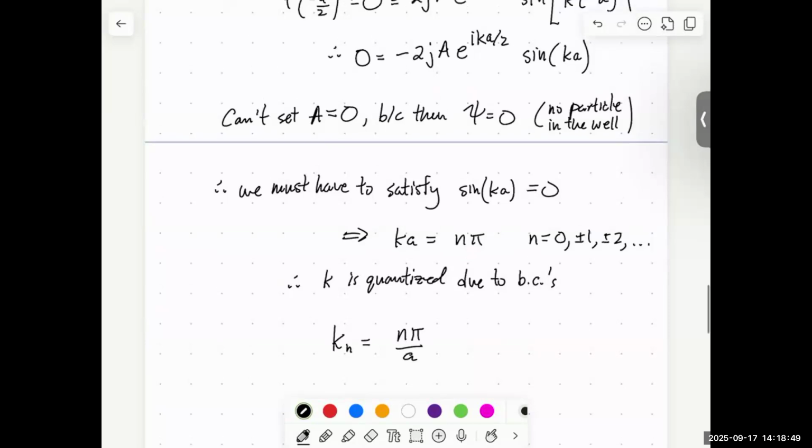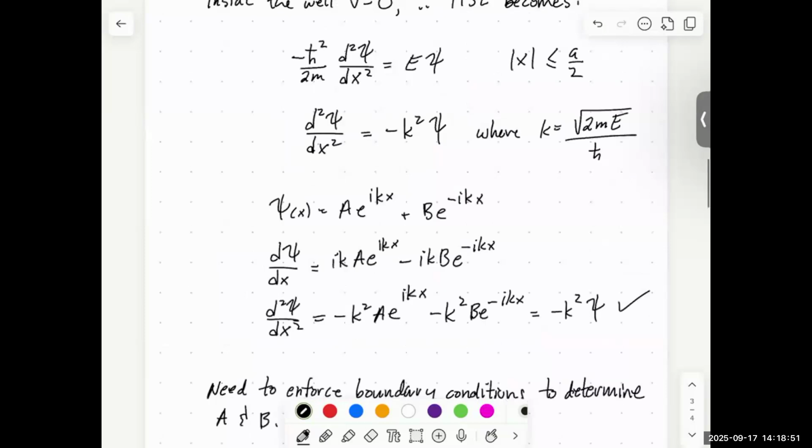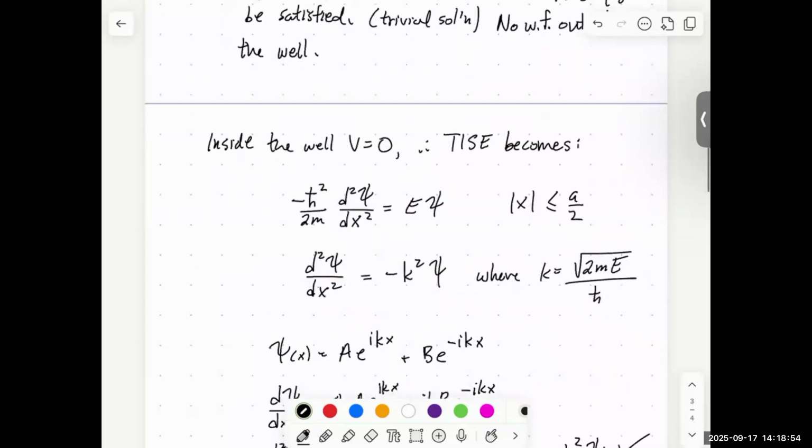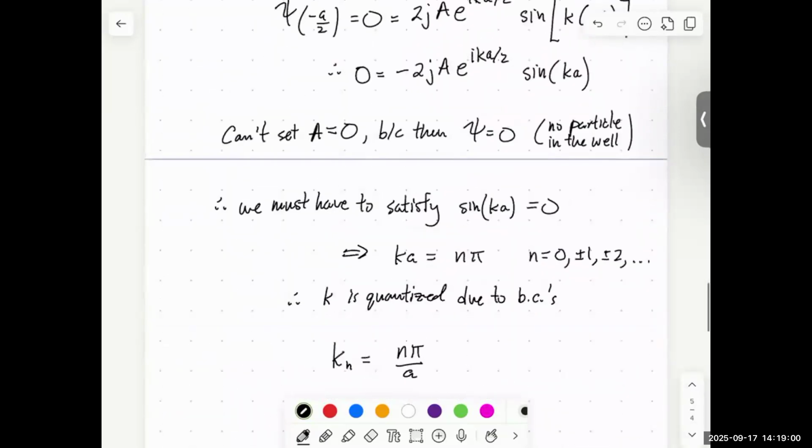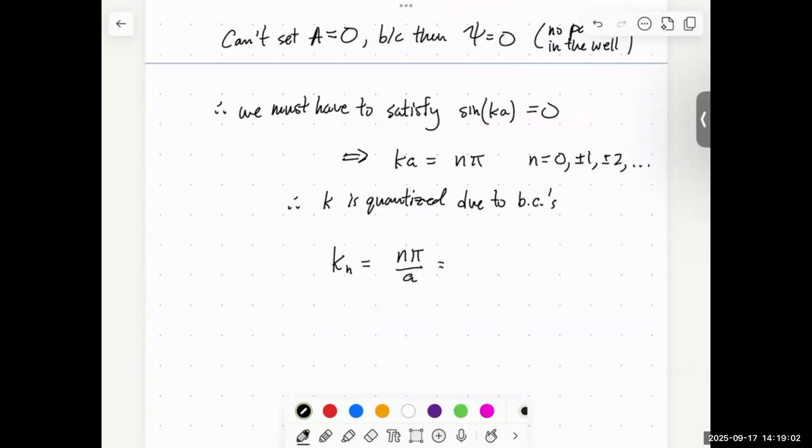Okay, let's go back and look at K. Here it is, root 2mE over h bar. So K was equal to root 2mE, and I'll put a subscript n on our E as well, and then we divide by h bar.